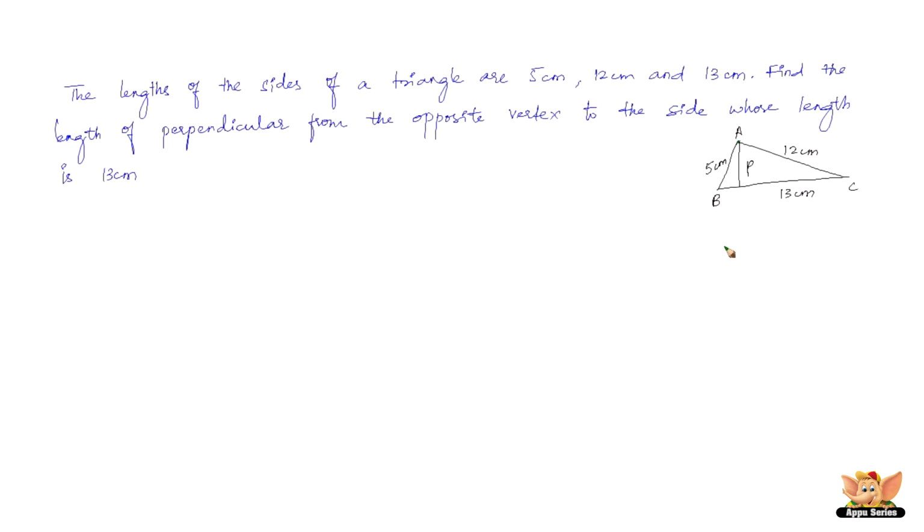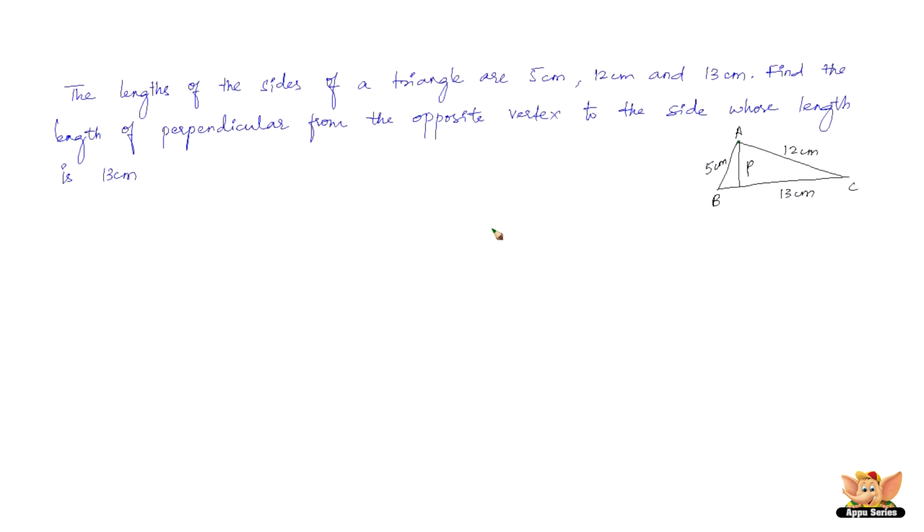How do we go about it now? Now we've got the data, that is, we've got the three sides 5 centimeter, 12 centimeter and 13 centimeter. We've got A, B, C, and we can easily find S from the given data. So using S, A, B and C, we can apply all these data in Heron's formula and find the area of the triangle. Now what do you do after you find the area of the triangle?